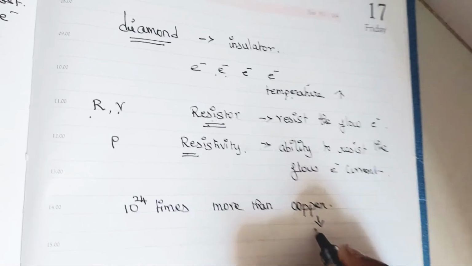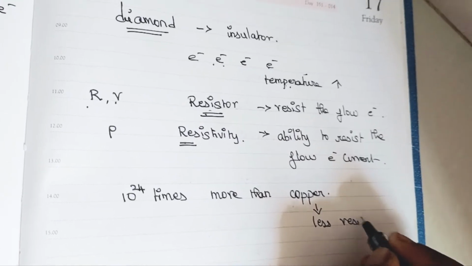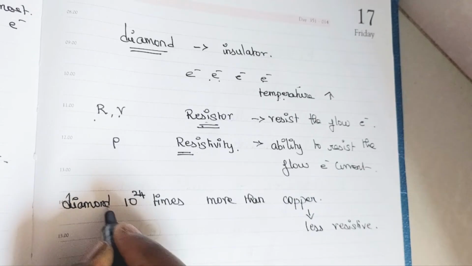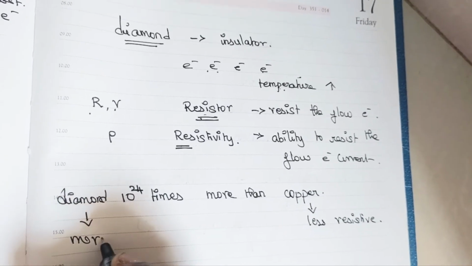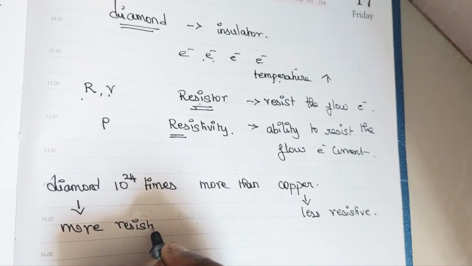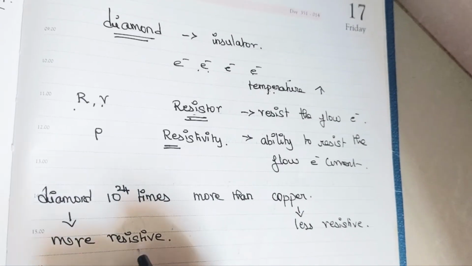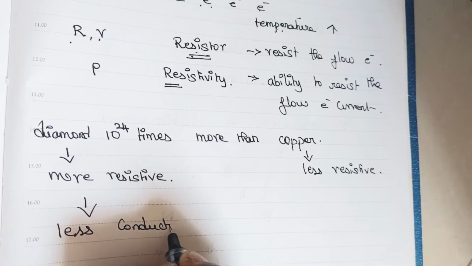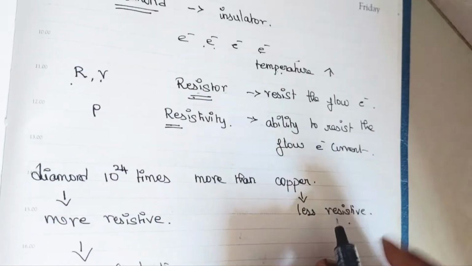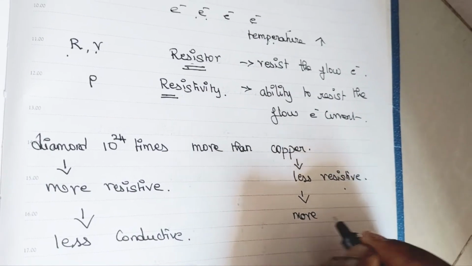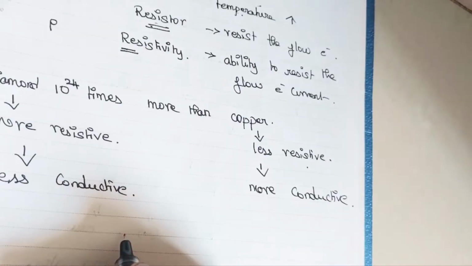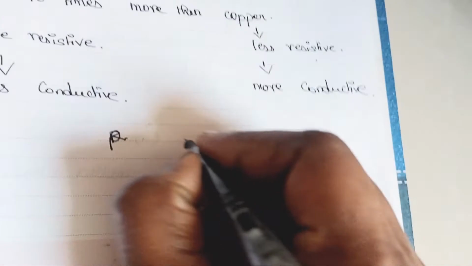That means copper has less resistive property compared to a diamond. If the resistive property is more, the conductive property is less. And here copper is less resistive. Less means it offers more current, so more conductive. So what is the relation between the resistive and the conductive property?